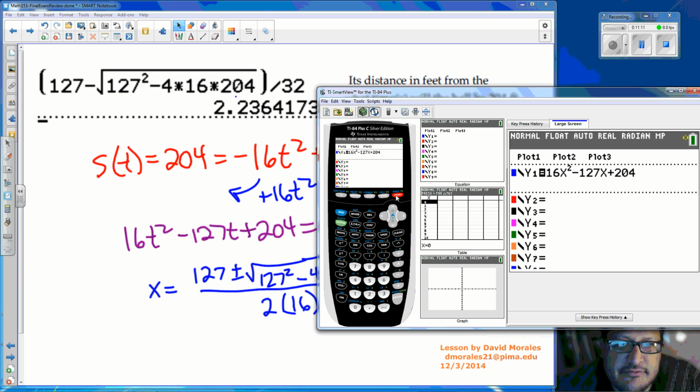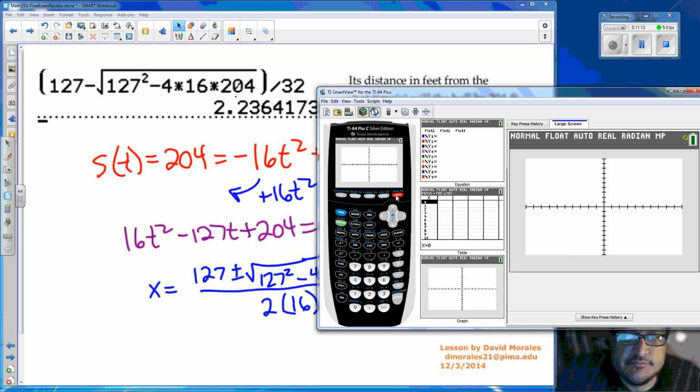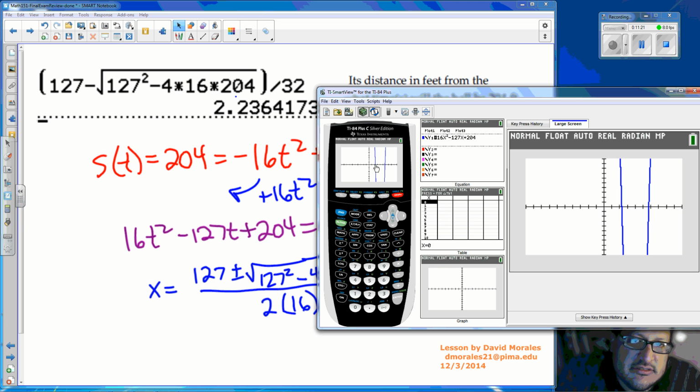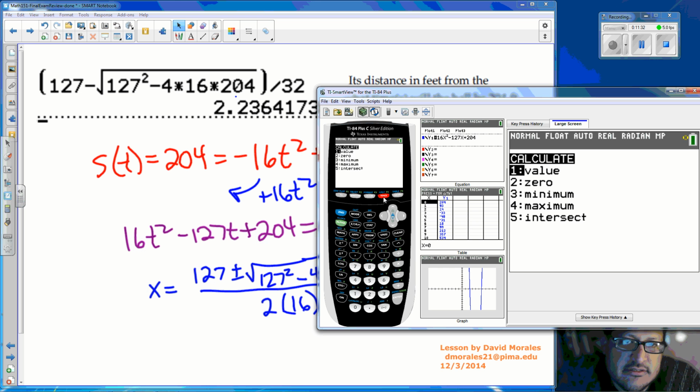I'm going to graph this. And I'm interested in the zeros here. Now the zeros, it looks like it's not going to be an integer. So what I do now is go to second calc, and go to 0, which is number 2.